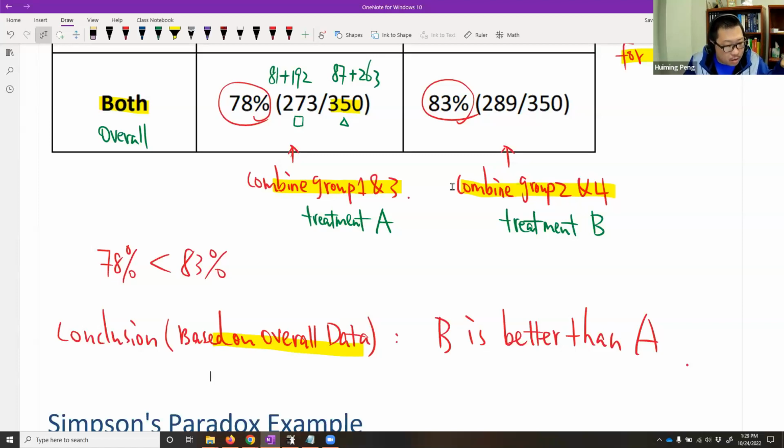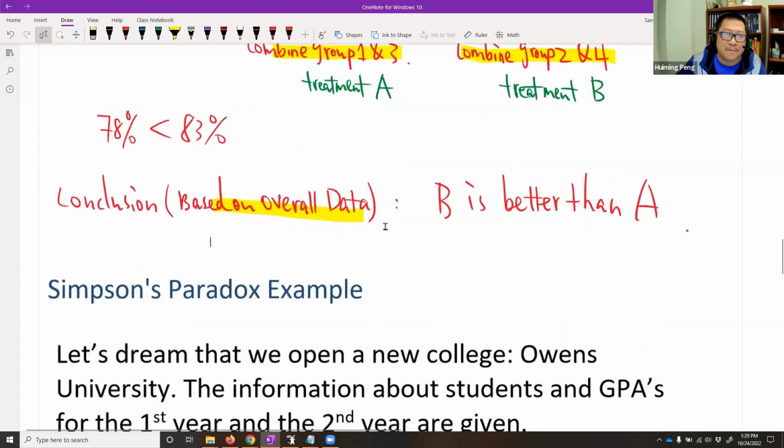Small is small, so for small kidney stones we use the treatment for small kidney stones, and for big kidney stones we should think about big kidney stones. So the first step, if we just merge all the data together, this kind of analysis at the beginning is wrong. It is not reasonable.